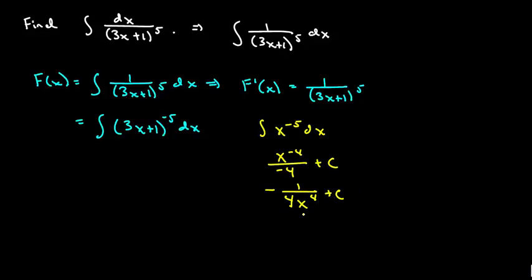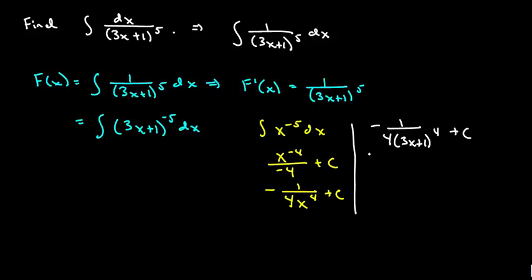Now, here's what we're going to do. Let's take a look at this, okay? And let's say that this inside here was no longer x. It was 3x plus 1. So now, let's just replace this like that.